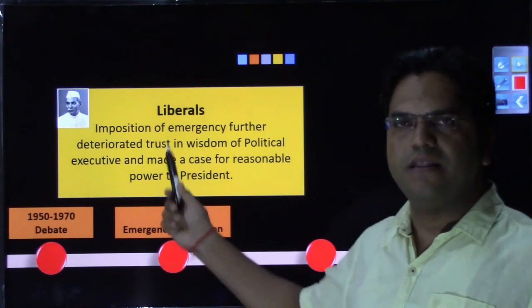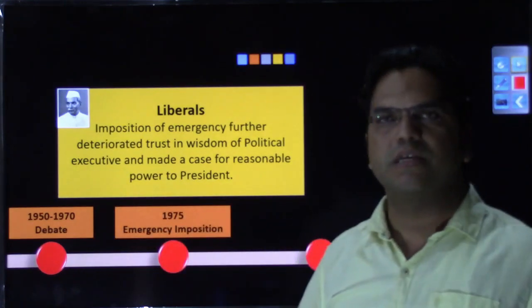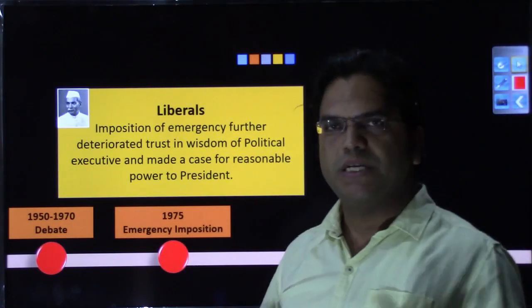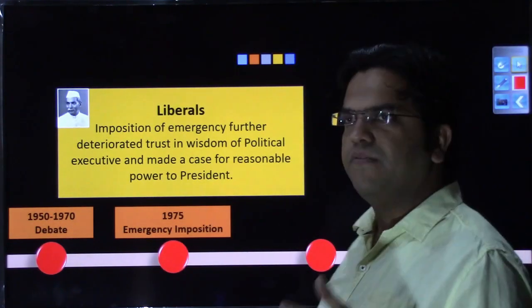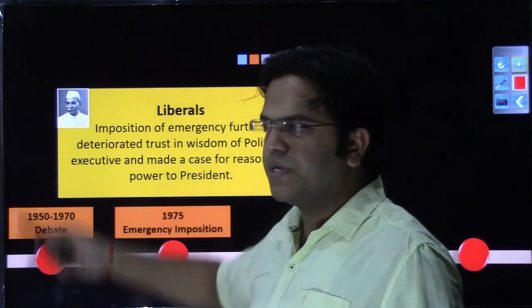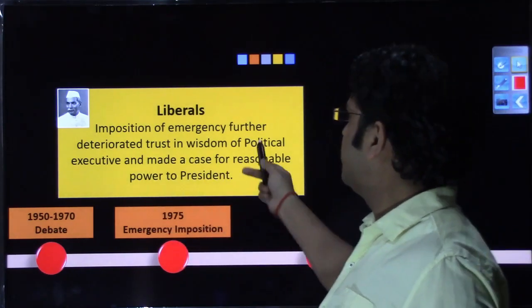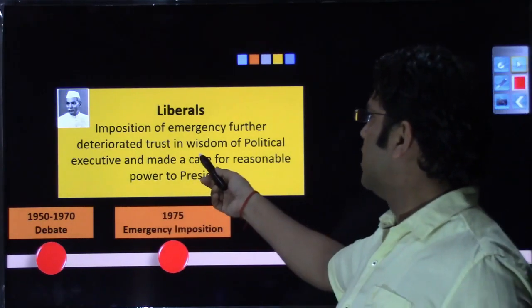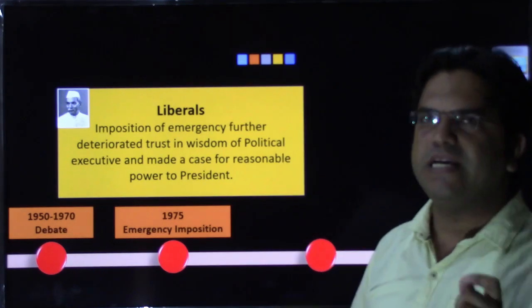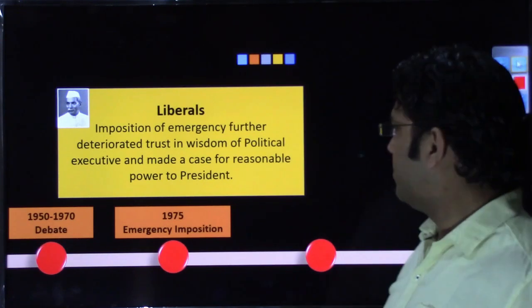And again this school of thought, although by this time Rajendra Prasad was already dead, there was this narrative alive which continuously said that the president should have some amount of reasonable power, right. So the imposition of Emergency further deteriorated trust in the wisdom of the political executive, and made a case for reasonable power to the president.